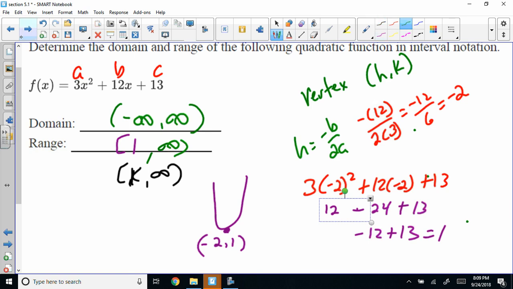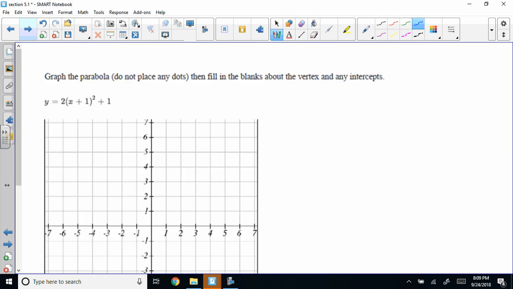Let's go blue. Graph the parabola. Do not place any dots, then fill in the blanks about the vertex and the x-intercepts. Graph the parabola. Do not place any dots. Are y'all reading what I'm reading?